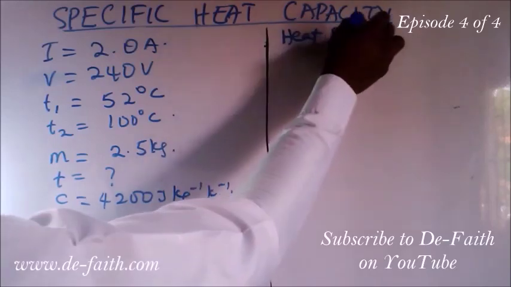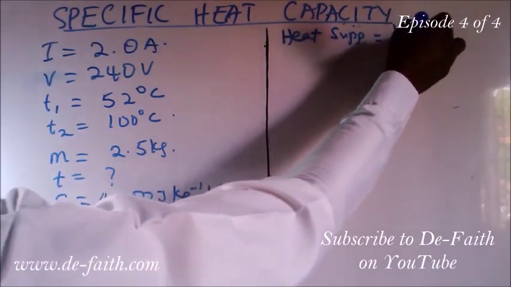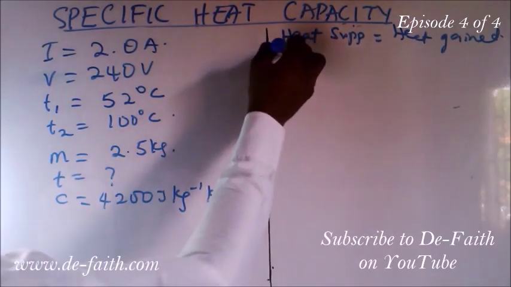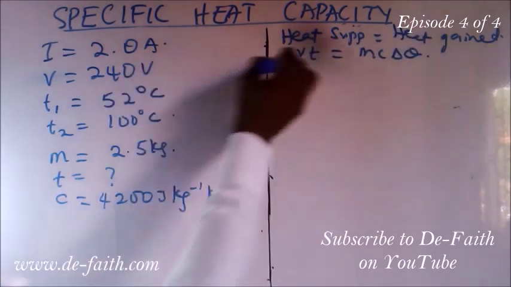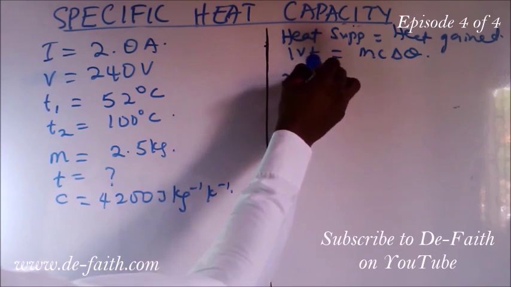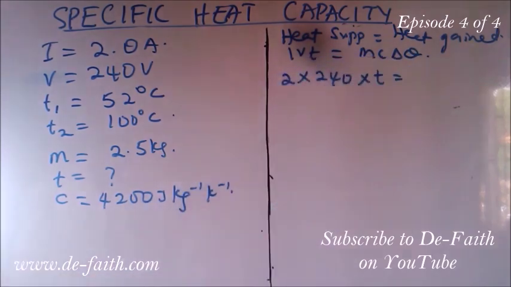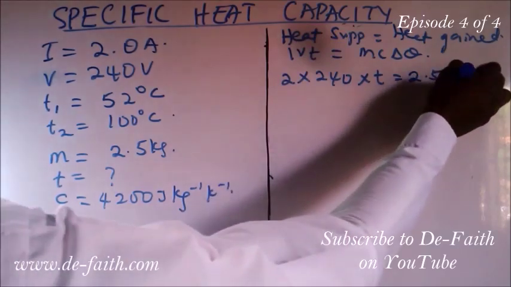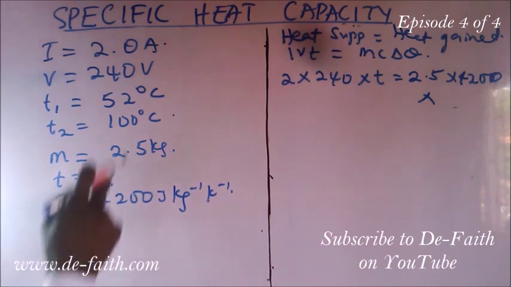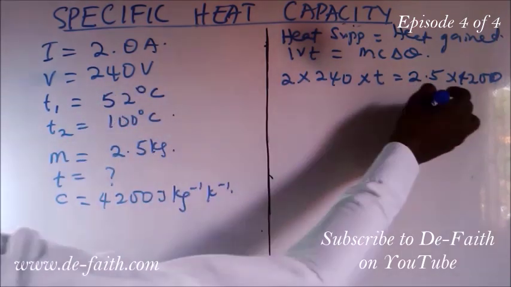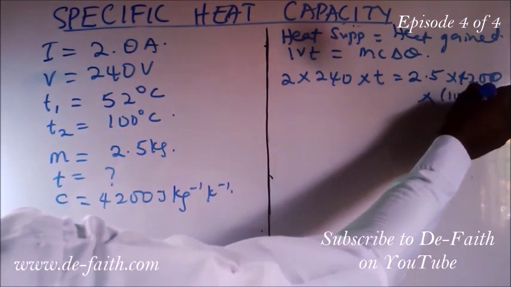Heat supplied by the heater equal to heat gained by water, which is IVT equal to MC, change in temperature. We are given I to be 2 and V to be 240, times the time, and the mass is 2.5, specific heat capacity is 4,200, and we're told that the temperature change is from 52 to 100, so we have 100 minus 52.